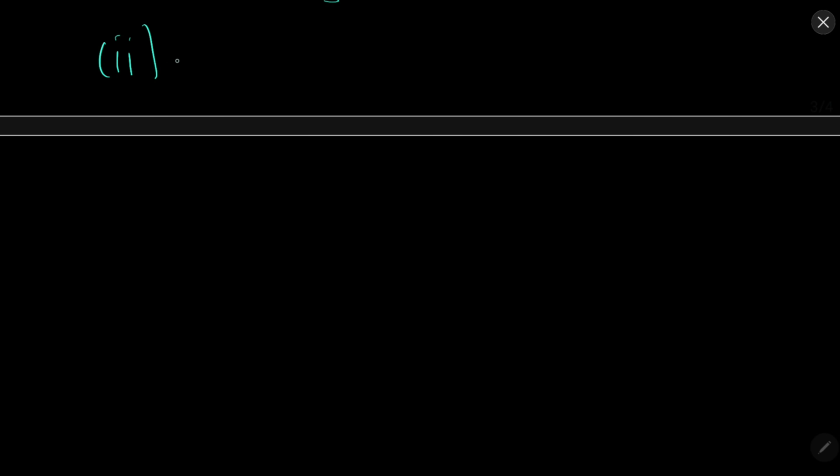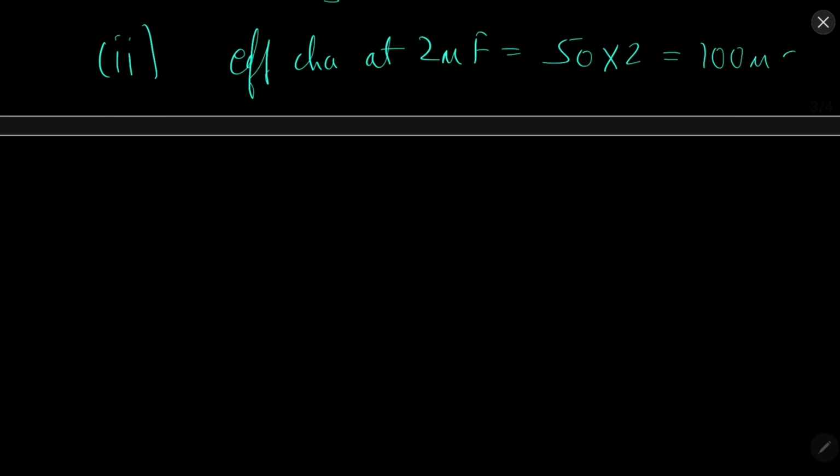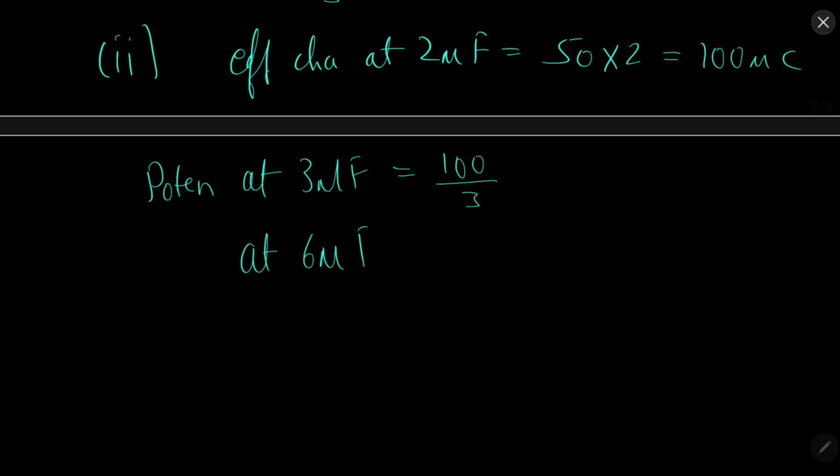Second part, effective charge at 2 microfarad will be 50 into 2, 100 microcoulomb. So potential at the 3 microfarad one will be 100 by 3, at 6 microfarad will be 100 by 6.